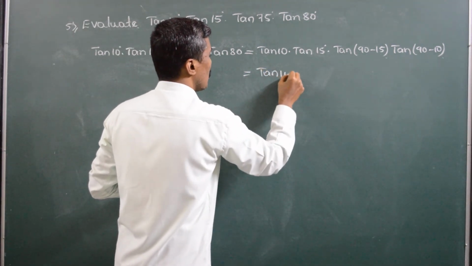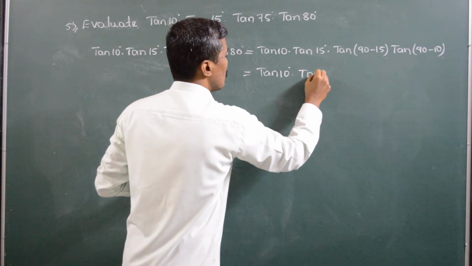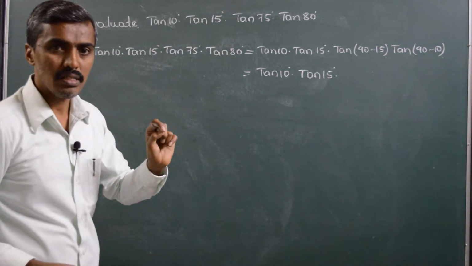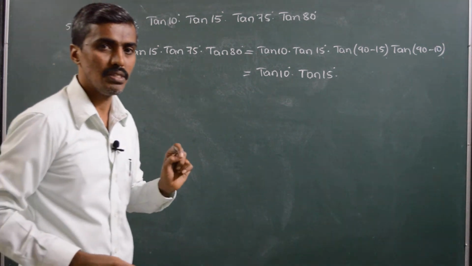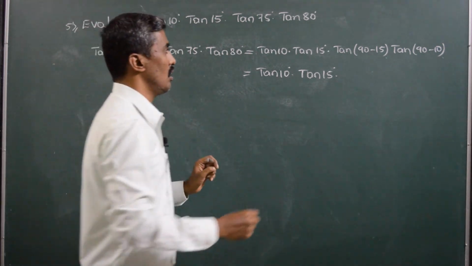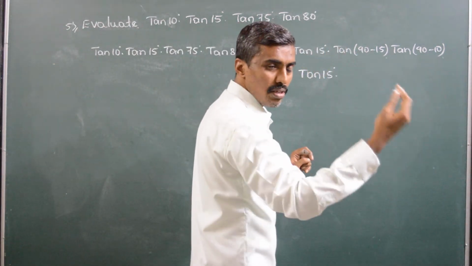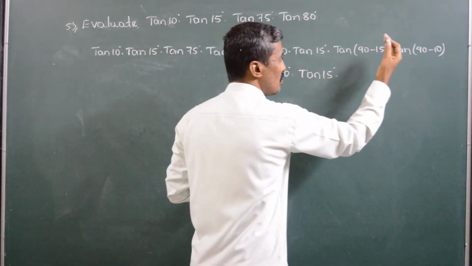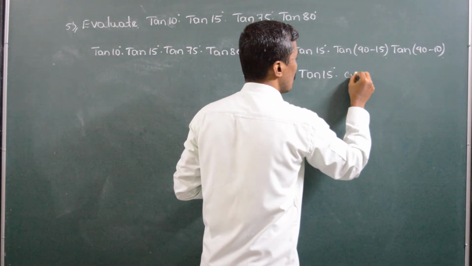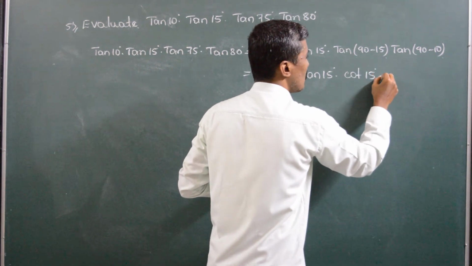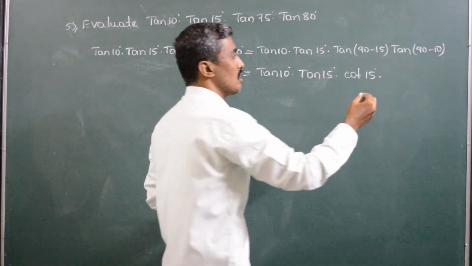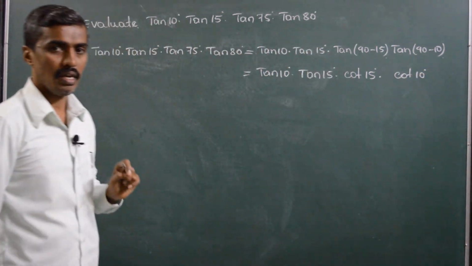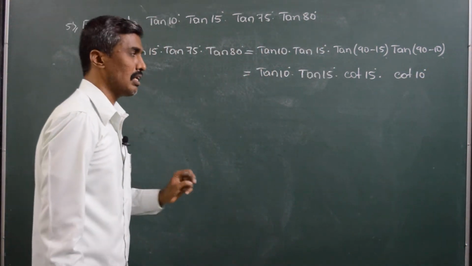Tan 10 degree into tan 15 degree into what is tan 90 minus theta? It is cot theta. Complementary angle of tan is cot, tan of 90 minus theta is cot theta. Here tan of 90 minus 15 is there. Therefore, it is cot 15. Similarly, tan of 90 minus 10 is cot 10 degree.